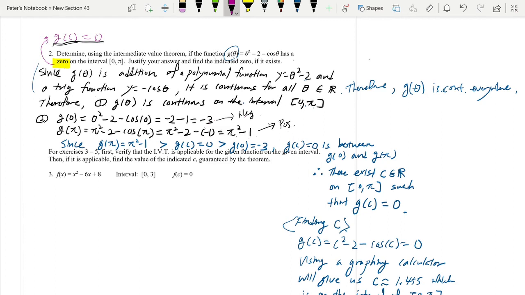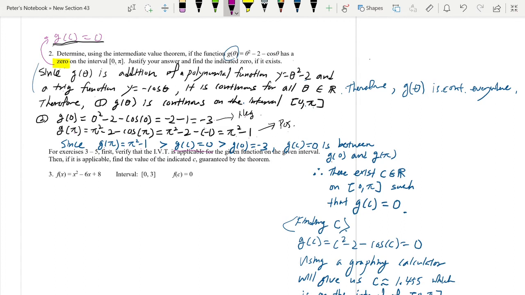I'll say, since my g of c equals 0 is between g of pi, which is pi squared minus 1, and g of 0 equals negative 3, right? So this is greater than g of c equals 0, and g of c equals 0 is greater than negative 3 but less than pi squared minus 1, right? So g of c is between g of 0 and g of pi.